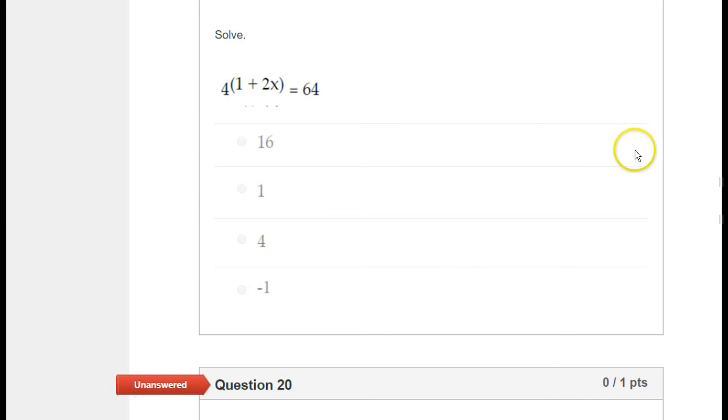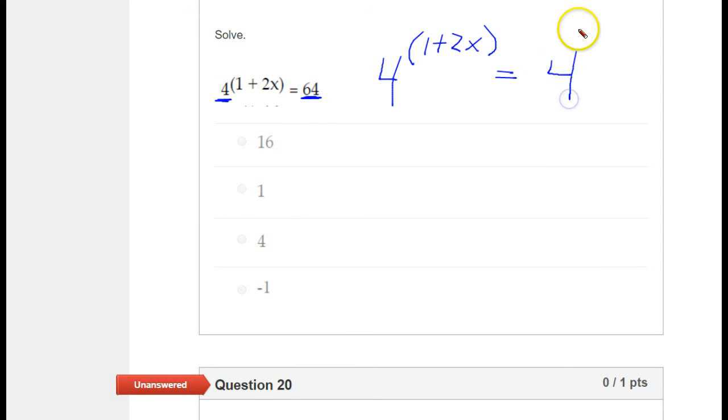And we went over this in our last class too. This one's sort of an easy one because as we look at 64 and our base over here of 4, we can do immediate conversion. So we have 4 to the 1 plus 2x power equals, I'm going to make this a base of 4 also, to the 3rd power.